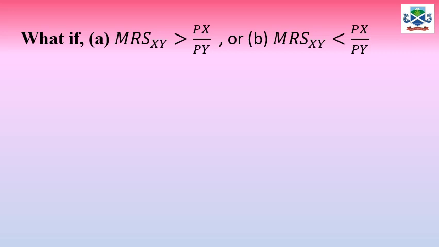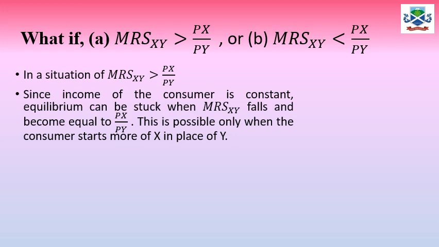Now what if MRSXY is greater than Px by Py? In the first situation we saw that the income of the consumer is constant. The equilibrium can be struck when MRSXY falls and becomes equal to Px by Py, since the condition is that MRSXY should be equal to Px by Py.